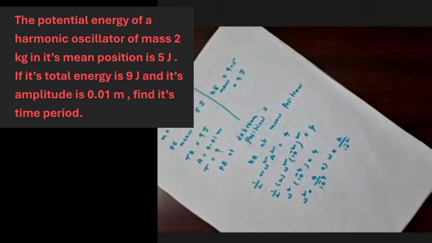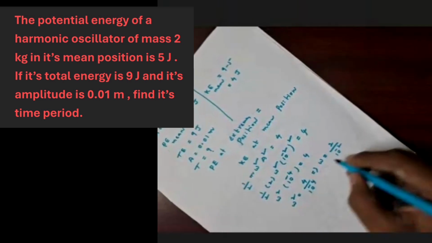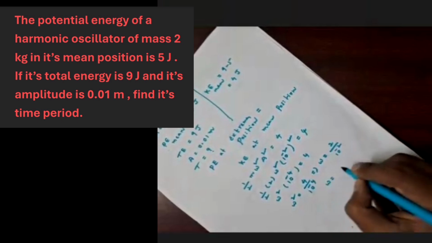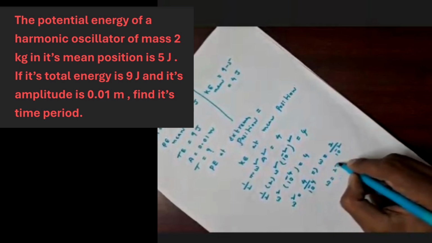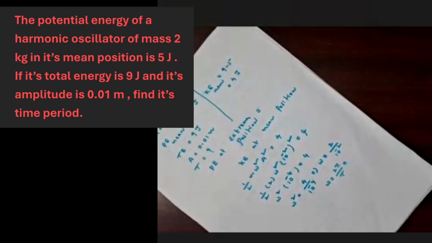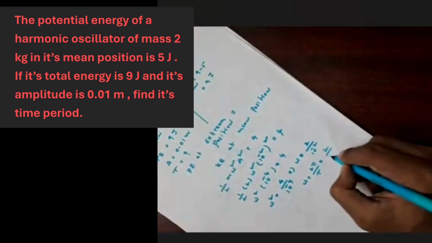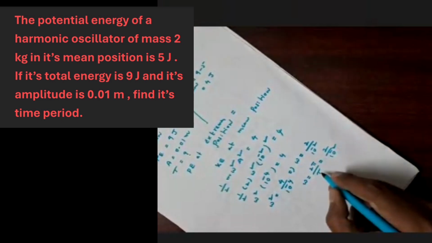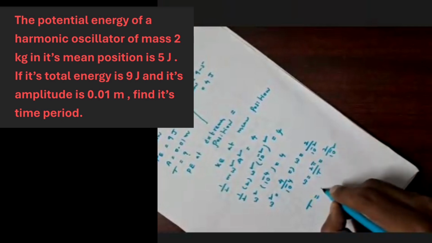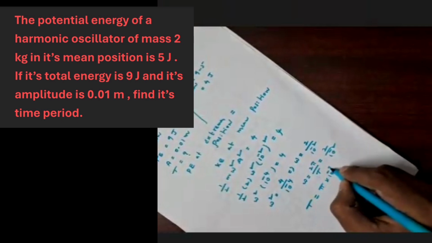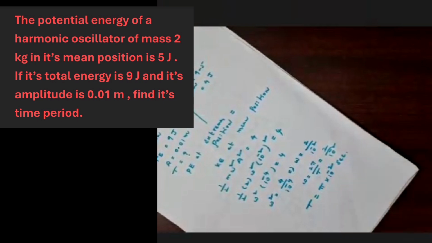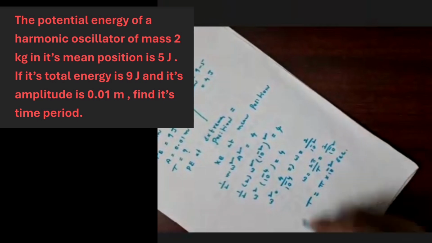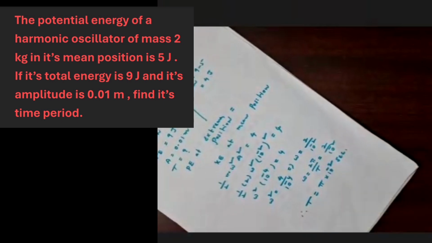Now omega is equal to 2 pi by T, the general formula. The 2 gets cancelled, and by cross multiplication T is equal to pi into 10 power minus 2 seconds. This is the time period of that simple harmonic oscillator.